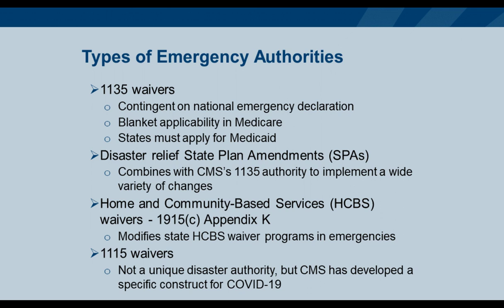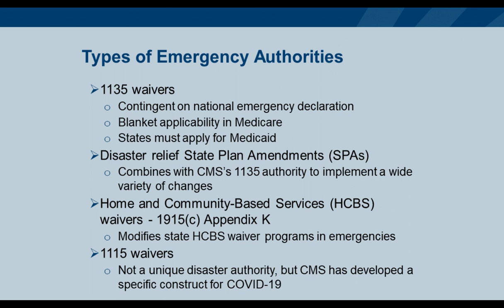I'll also be talking about home and community-based service waivers with the 1915(c) Appendix K. The 1915(c) waiver allows states to waive the statutory and mandatory Medicaid benefit for nursing facility services and provide those services in the home or in the community.